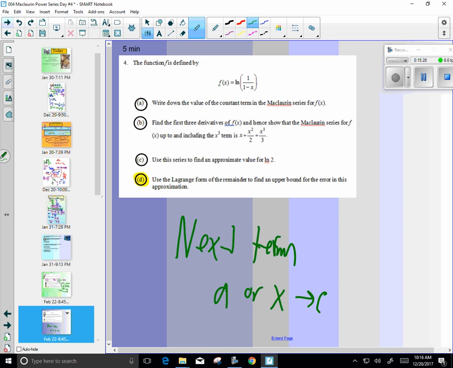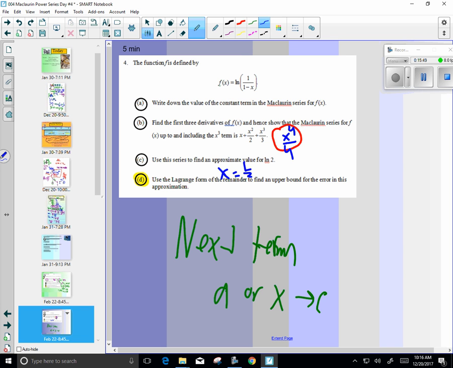Like this one here: use Lagrange form to find the upper bound. If you are stopping at 3, what will the next term be? x squared over 2, x cubed over 3, the next term is x to the 4th over 4. And I think we found x was equal to 1/2 for this one.